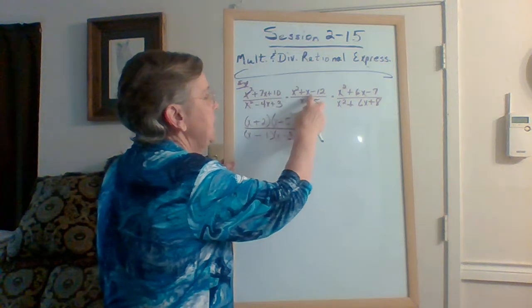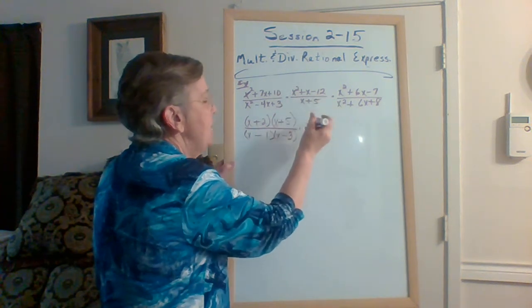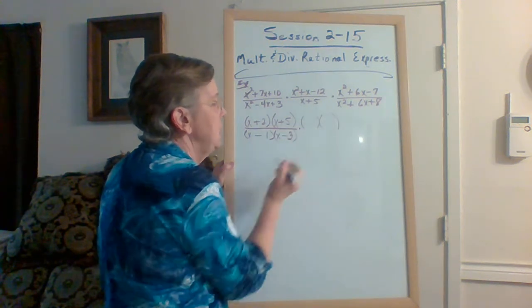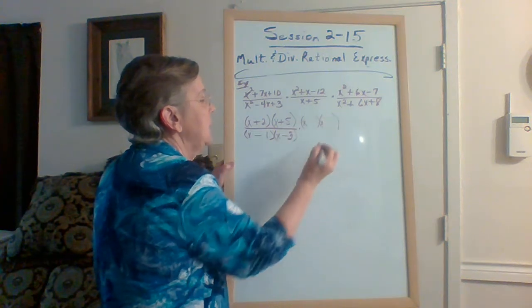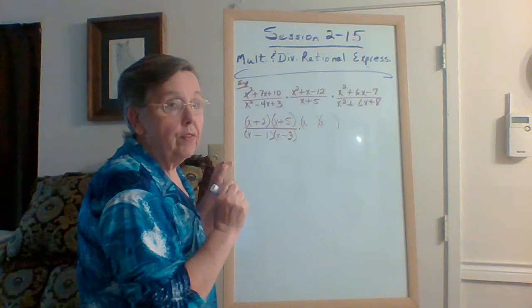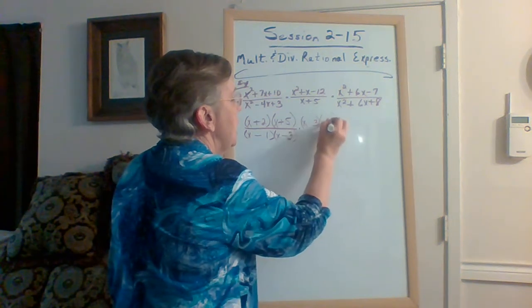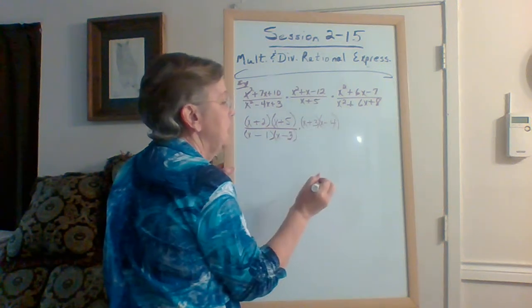x squared plus x minus 12. No common factors, so I'm going to do parentheses. x squared is going to be x, x. A minus 12 means the signs are going to be different. So let's try 3 and 4. How about a plus and a minus?